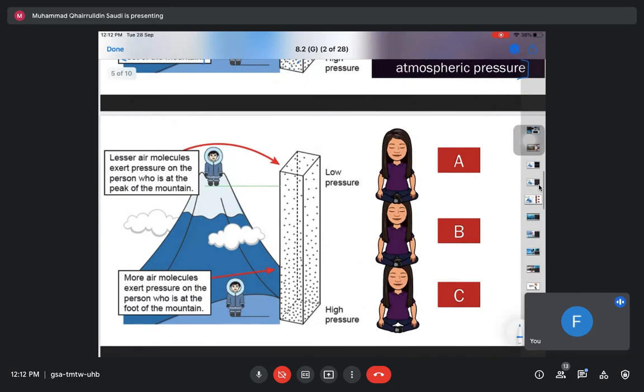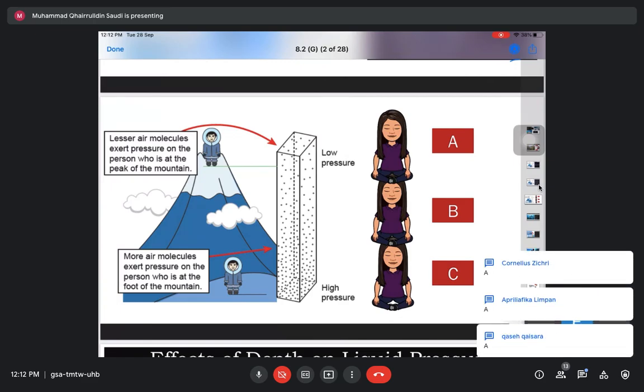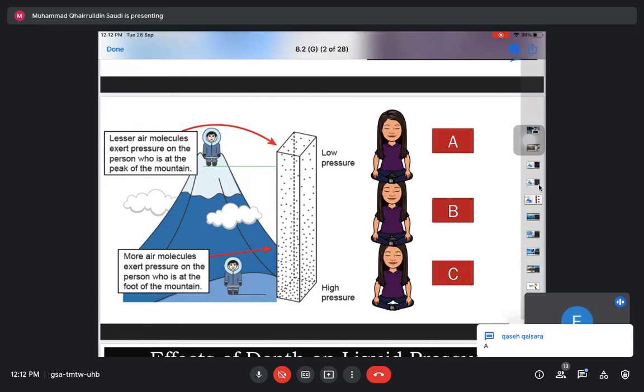So if you can see here, between A, B and C, which position has lower air pressure? A, B or C? Good. Okay. When you are positioned at A, you will feel low air pressure or low atmospheric pressure.